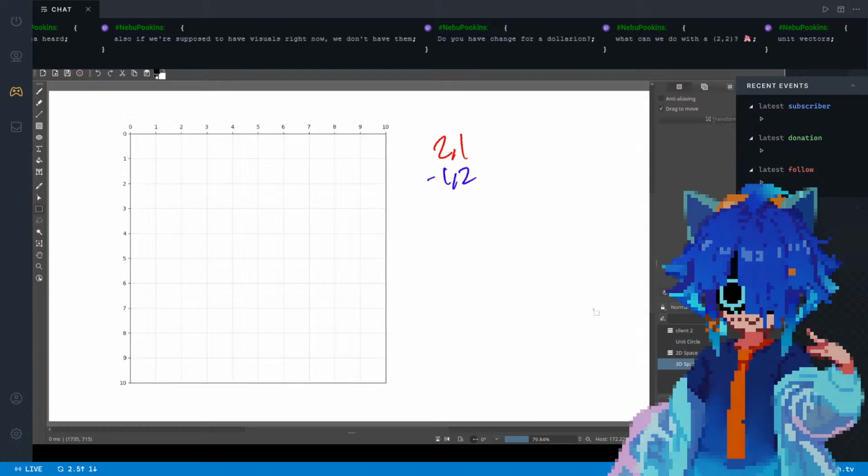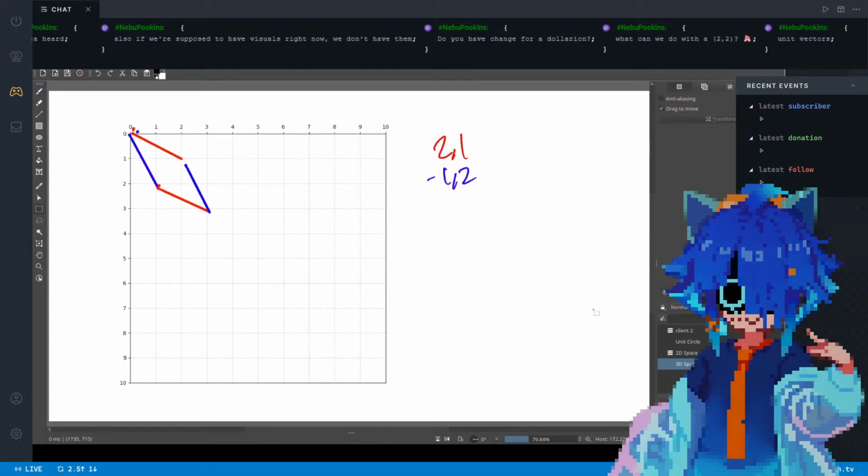Drop down the vectors 2, 1 and 1, 2. And let's draw that parallelogram that we saw earlier.